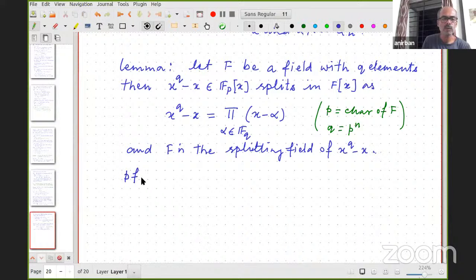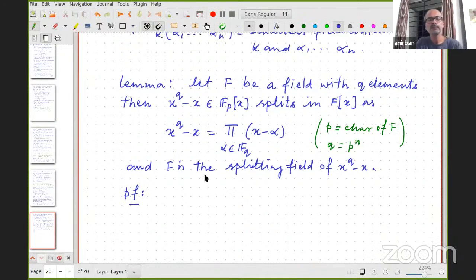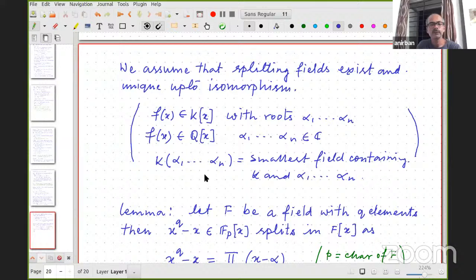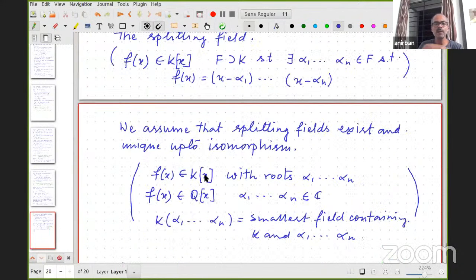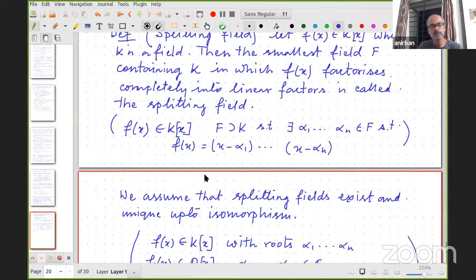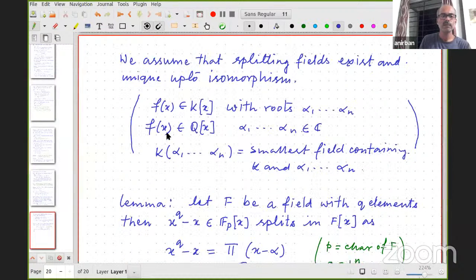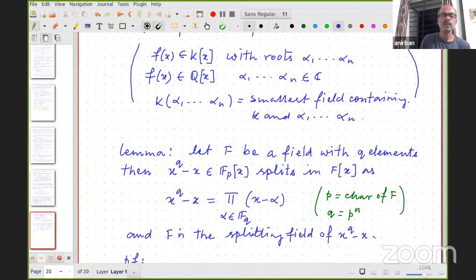So the proof actually follows from the last lemma. So what did we write? We have this lemma that every element of F satisfies the equation x to the q equals x, namely a to the q equals a for every a in F. So every element of F satisfies this polynomial.